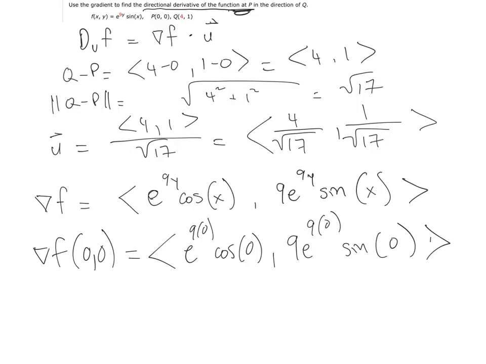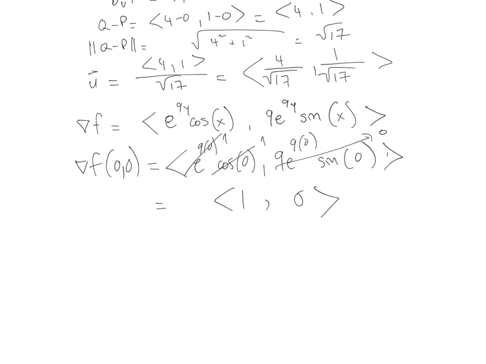So you would get 1, 0, because this whole thing is going to be 0, and this is going to be 1. Alright, so now your gradient is 1, 0.